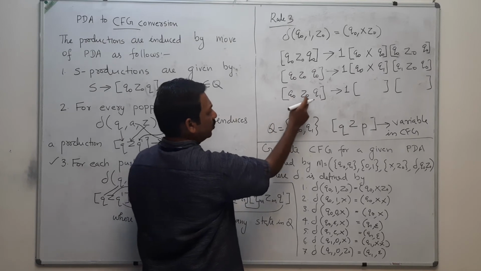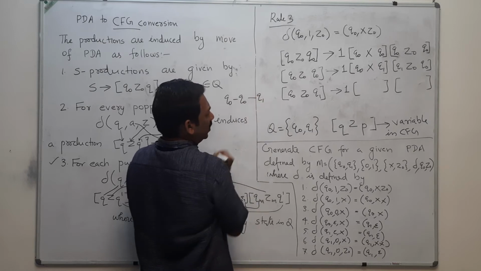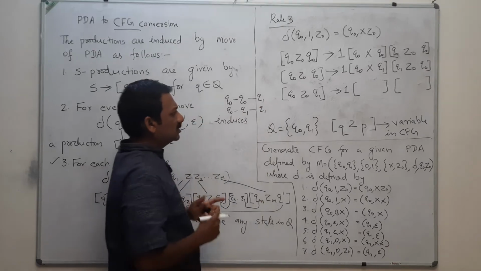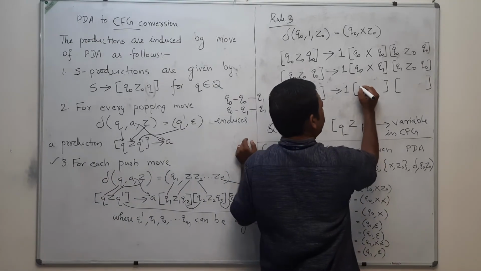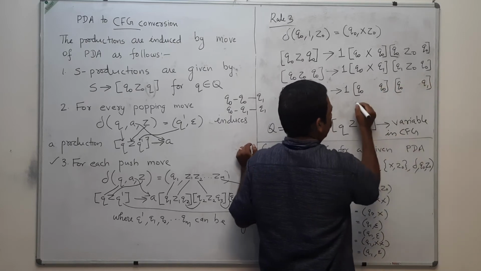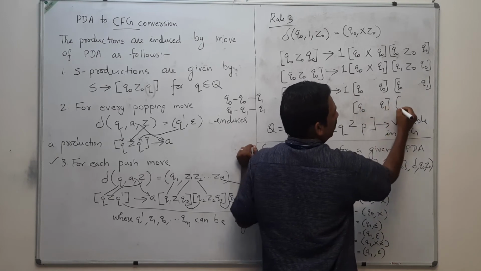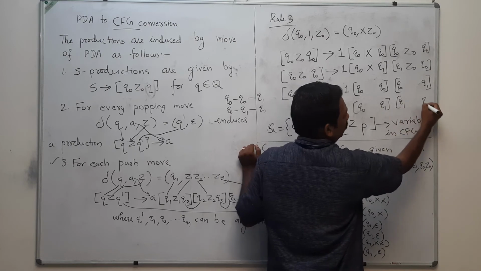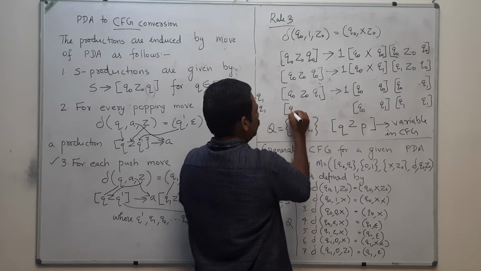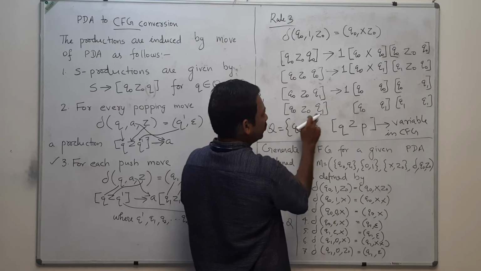If you are moving from Q0 to Q1, either you can move from Q0 to Q0 and then to Q1, or from Q0 to Q1 and then to Q1. That is, this is Q0, Z0, Q1.